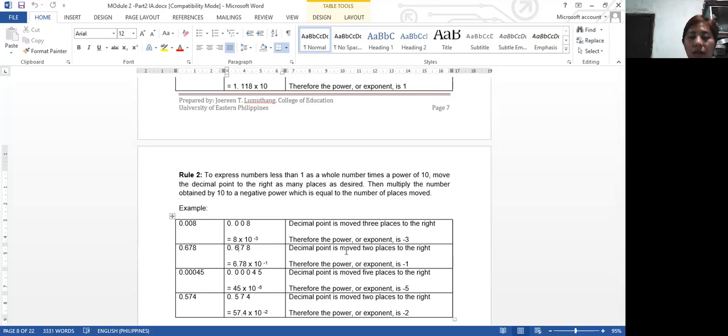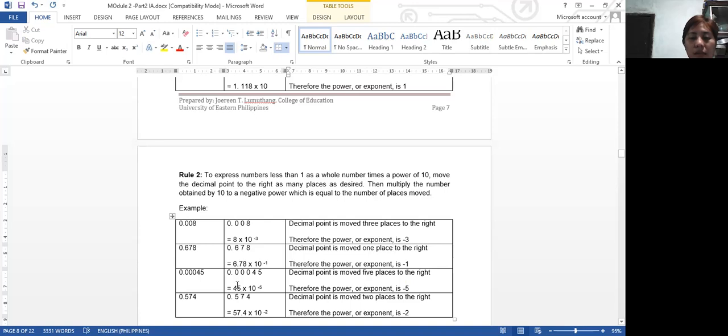Therefore, the power or exponent is negative 1. So it's not 2 places, it's just 1 place to the right.